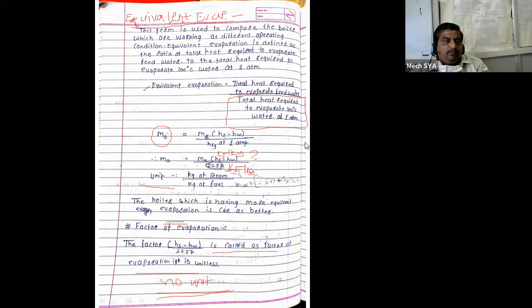Those who have understood, please start copying these formulas and important points, and give me a message when done, so that I can go to the next numerical or concept.